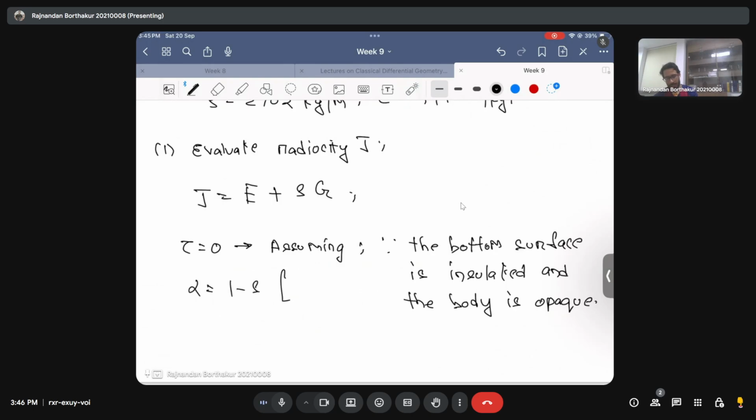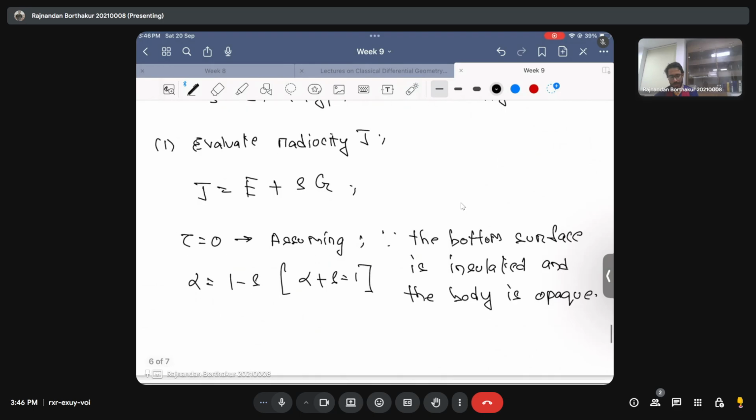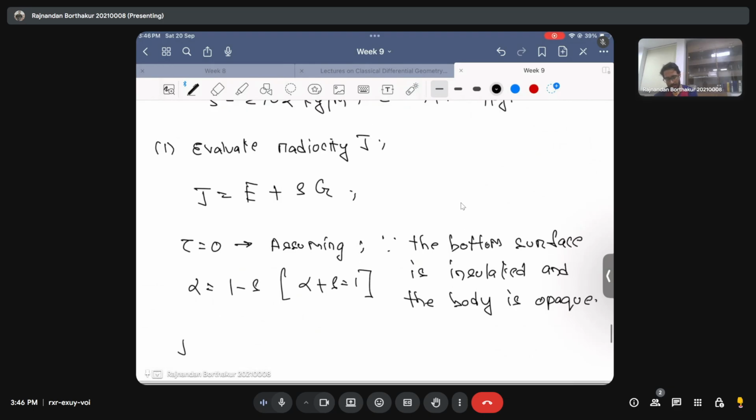This is from the fact that alpha plus rho is equal to 1 since tau is 0. And then I can now write this radiosity J. We are doing this because in our question we are given alpha, not rho, so we need to relate rho with alpha.